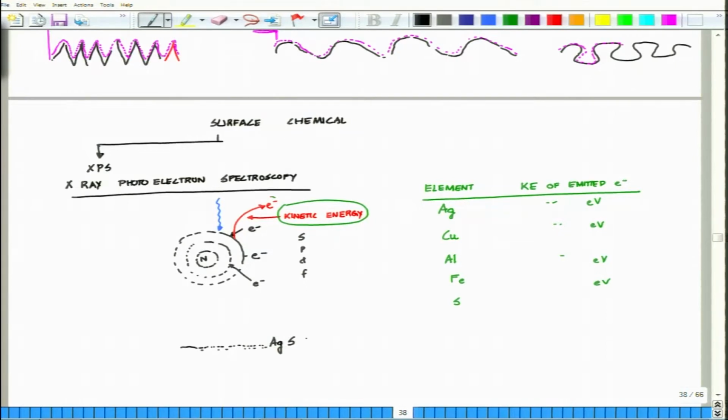If I represent sulfur with orange, you will have the sulfur atoms sitting out there, and you will have the silver atoms, which I am representing in light blue. You will have the silver ions sitting out there, tons of them like this.